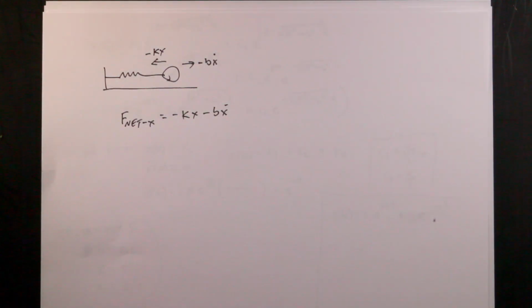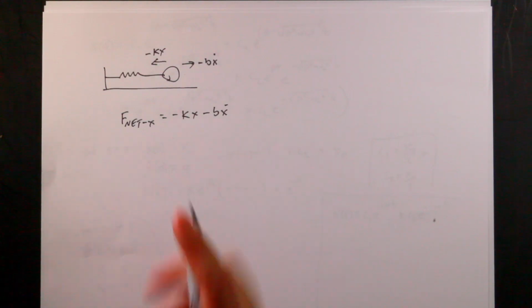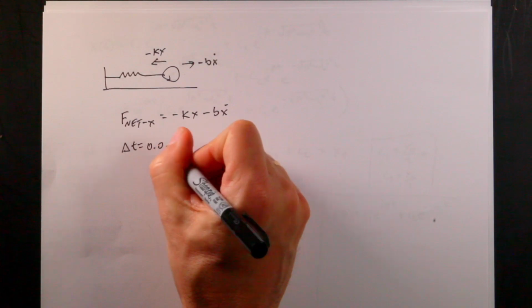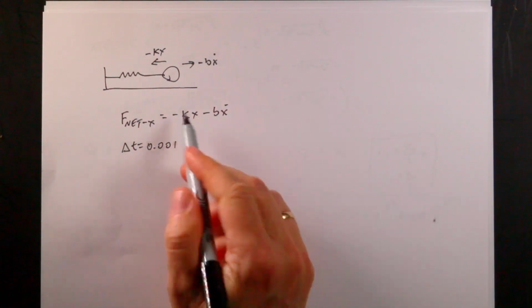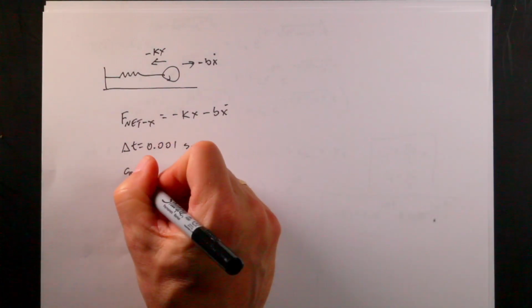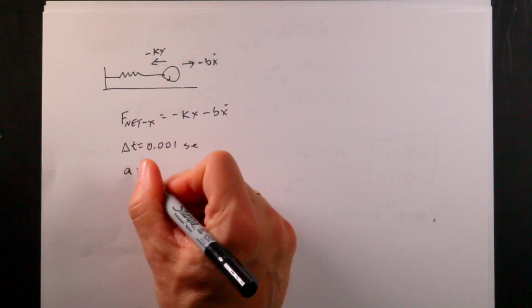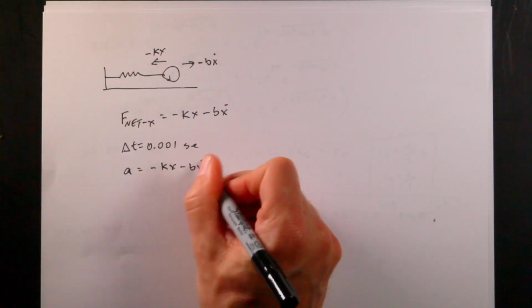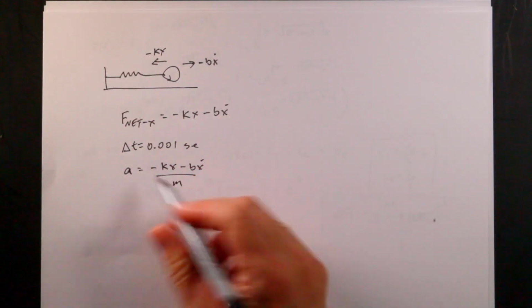If I assume that I break this into a small time step, let's say delta t equals 0.001 seconds, then I can assume that force is constant over that time. So this would mean that the acceleration, I'll write it as a, is going to be negative kx minus b x dot over m. I have to divide by the mass.